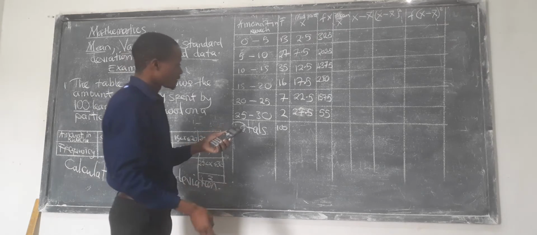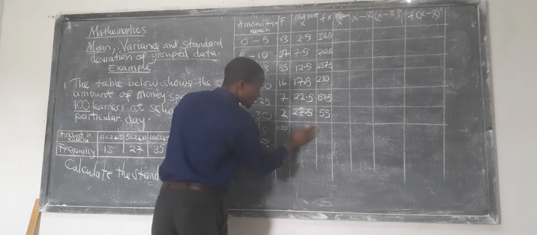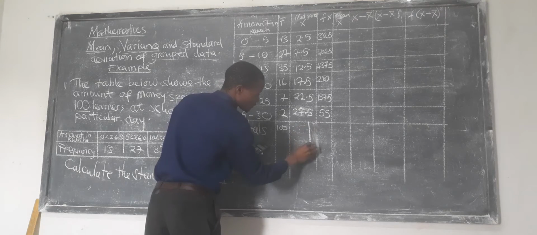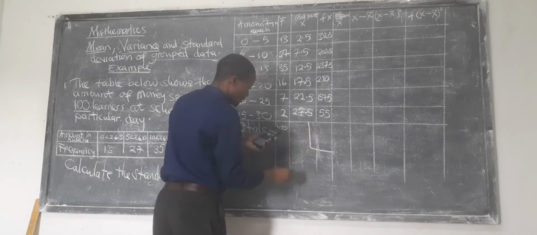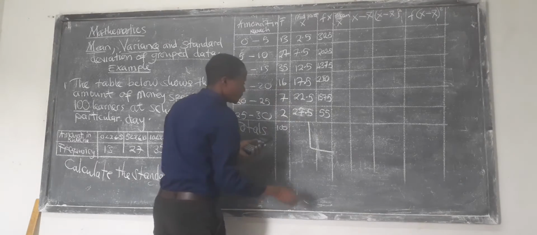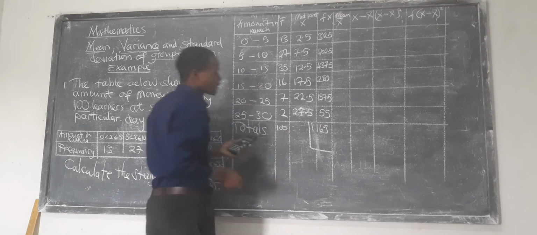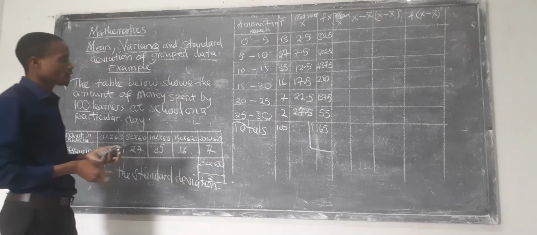So we're getting 1,165. That is the total for the fx.